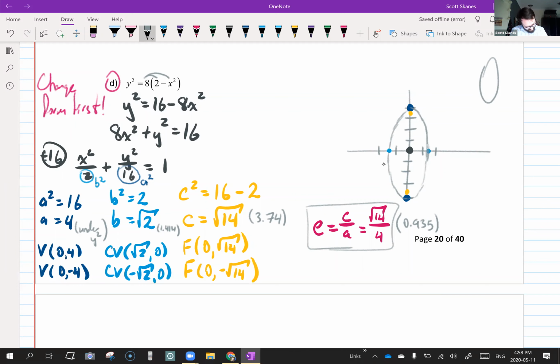I don't know what happened there. What is going on with my computer today? Maybe it's a sign that I should give up, but I will never give up. Okay, vertices, co-vertices, foci, and eccentricity. I'm not giving up. I can't give up. We've got 20 minutes left, and I need every single minute. I went 1 minute late in my other class because we've got to finish it.